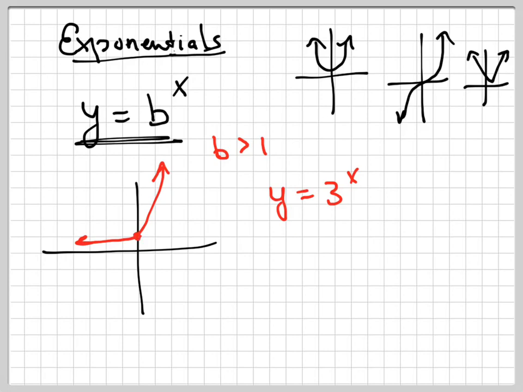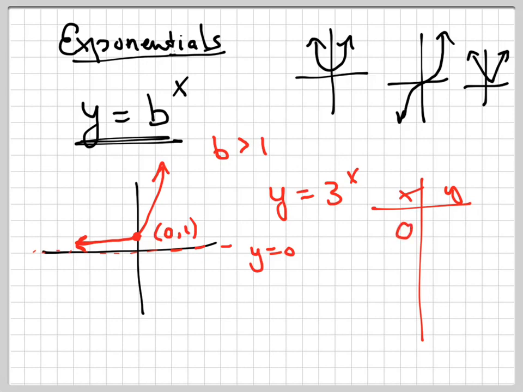It's always going to go through 0, comma 1, and it's always going to have a horizontal asymptote of y equals 0. The reason is, let's plug in x and y values. Let's plug in 0 for x.